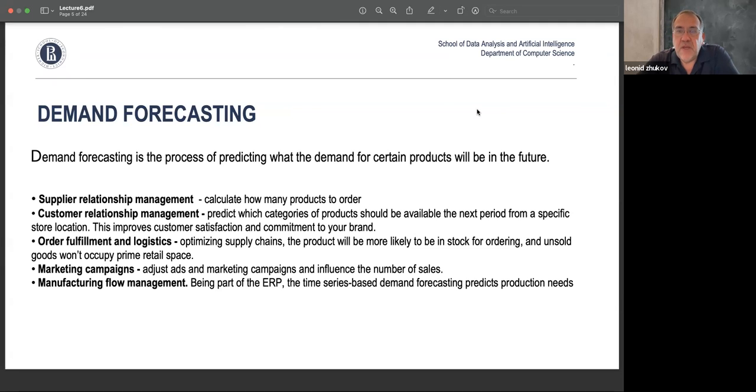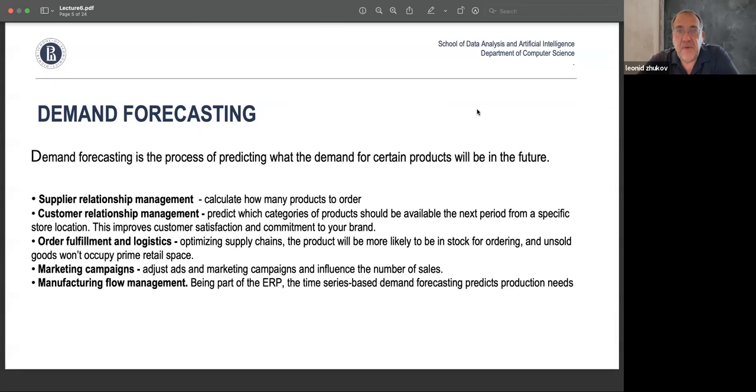Or you can have multiple items from the same category, and the demand for each item will depend on other items available for sale in that category. Then demand will also depend on all the discounts and other things that the store will run.